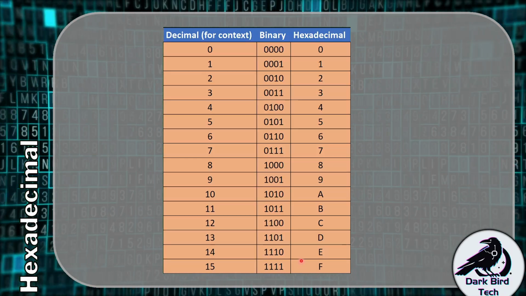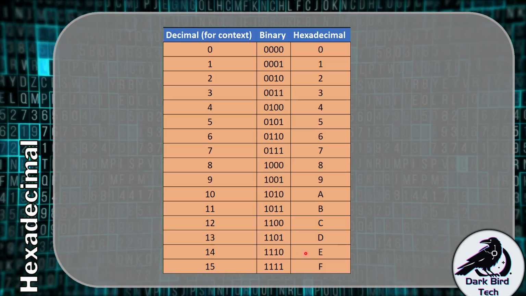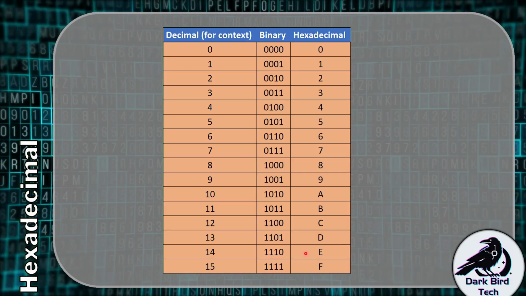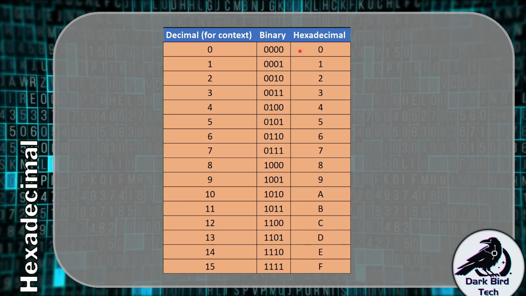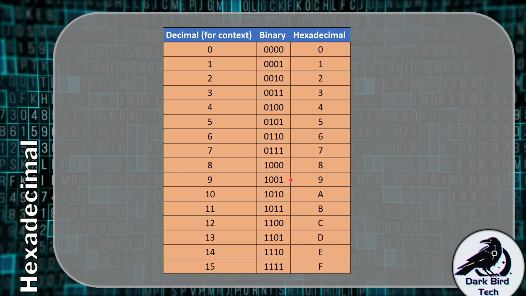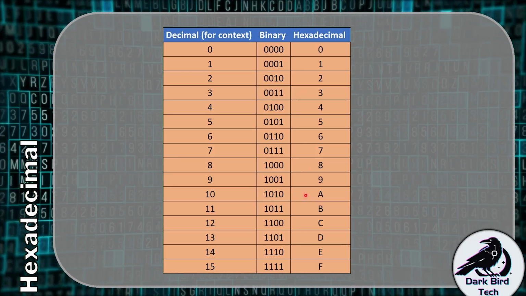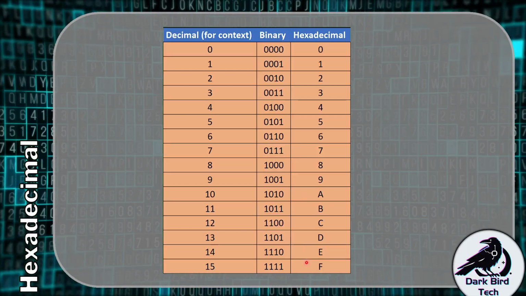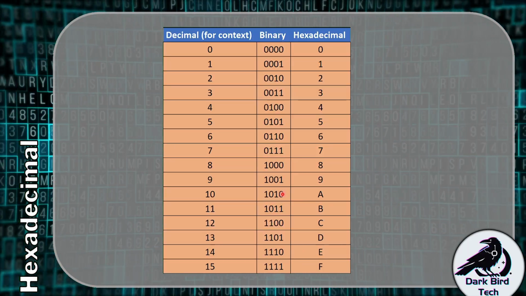Letters. Now, part of the problem we have as human beings when we're looking at hexadecimal is we're seeing letters and numbers. Don't see them as letters or numbers, see them as symbols. Those 10 values represent those 4-bit binary strings. Those 6 values represent those binary strings.